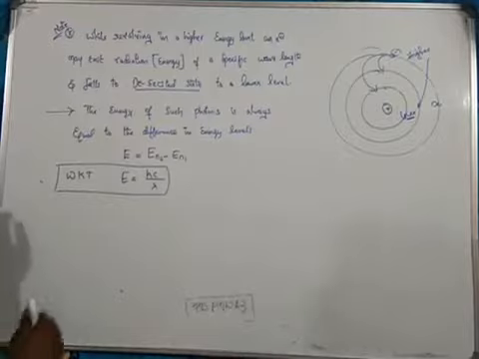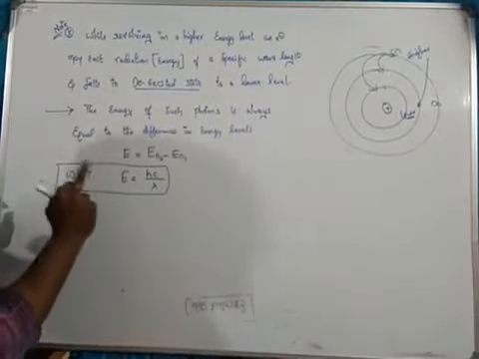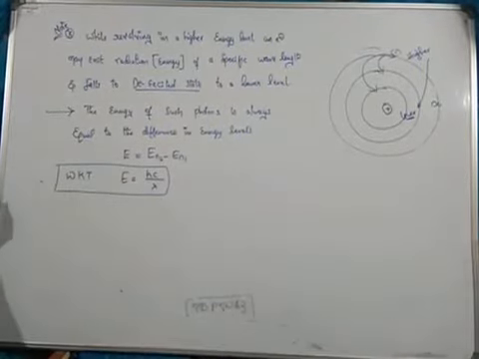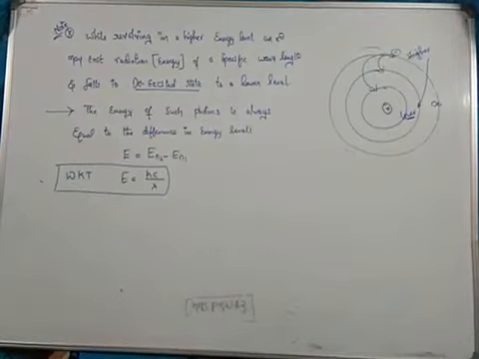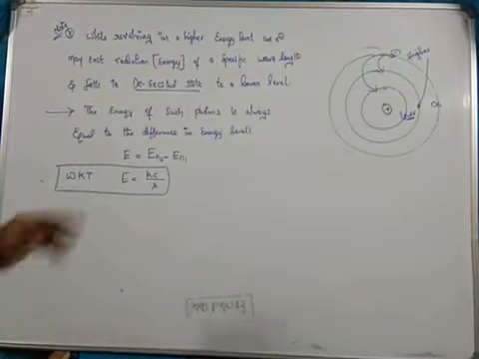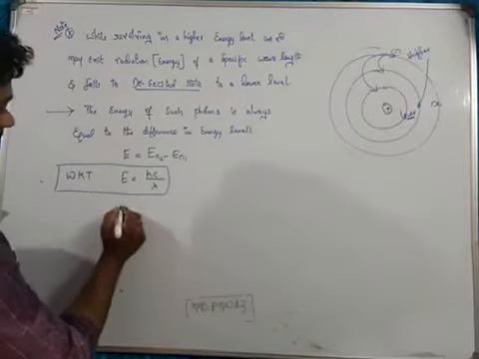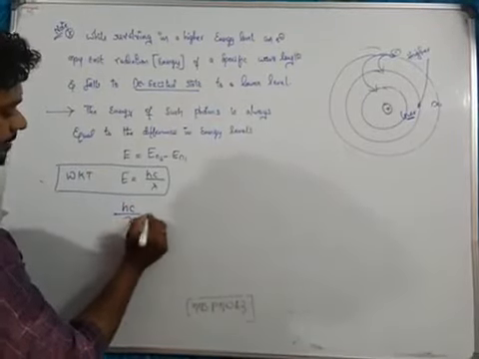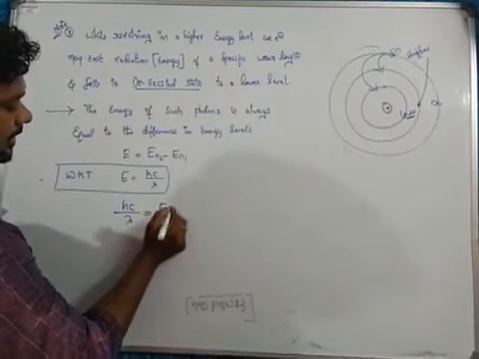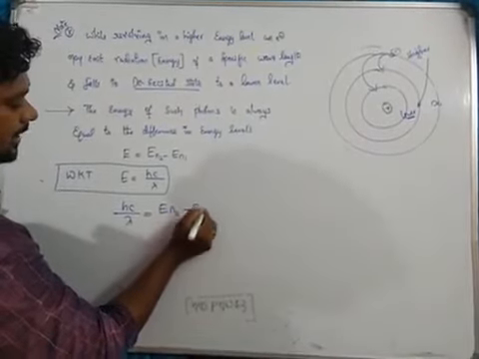And according to the concept, E is equal to hc by lambda, where h is Planck's constant, c is the velocity of light, and lambda is the particular wavelength. If you substitute these values, then hc by lambda is equal to E n2 minus E n1.